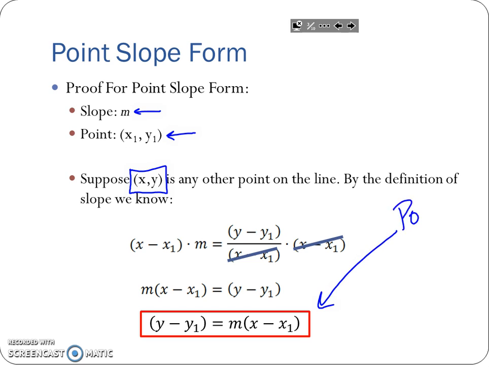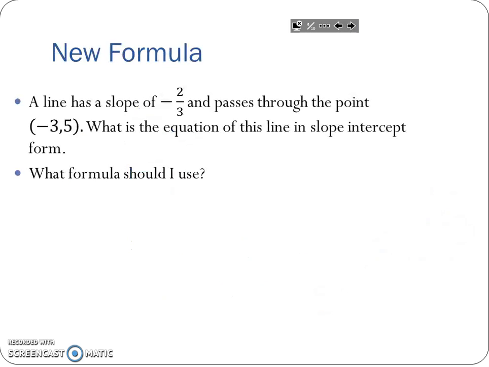So there's point slope. Like I said, we will use this when we know one point and we know a slope. So you'd plug in your slope here for m, and then you plug in your x coordinate and your y coordinate as follows, and then we'll be able to manipulate it and do some things.